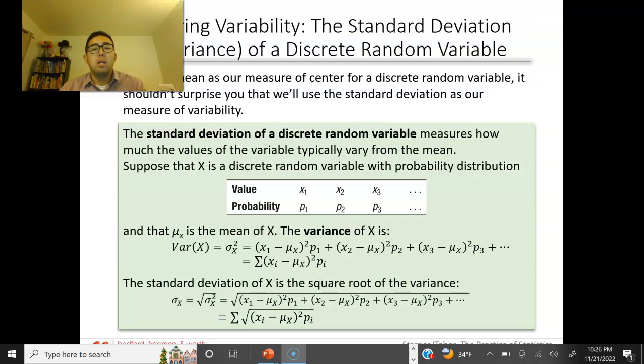Then you take x2 minus the mean value of x, squared, times the second probability. Then you take x3 minus the mean value of x, squared, multiplied by the third probability, and so on and so forth. Then you add them all up, and then you take the square root.